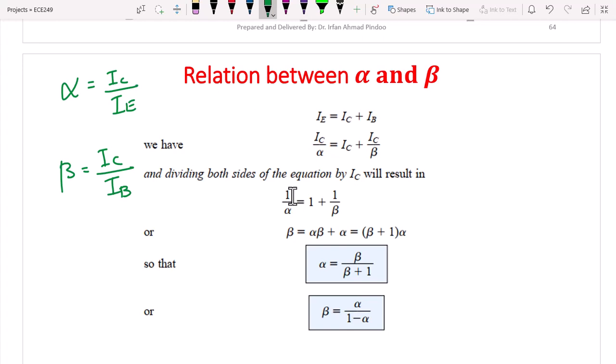Now we put these values together and get a relation between alpha and beta. These relations are given here, so we need to remember them in case some numerical is asked.